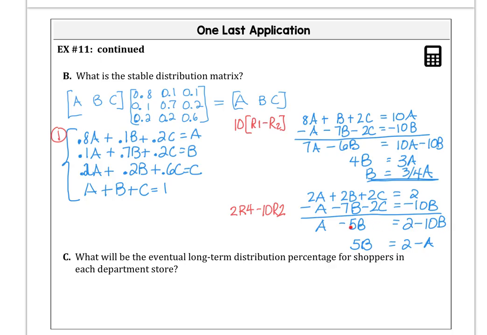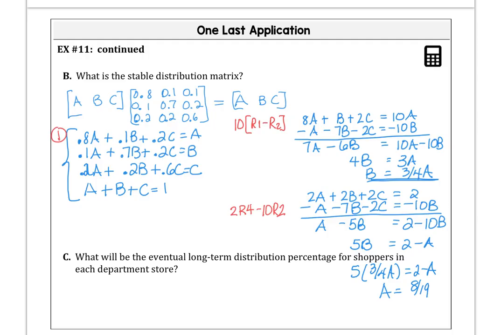Collecting like terms for B, we have 5B is equal to 2 minus A, but we know B is 3/4 of A. So if B is 3/4 of A, 5 times 3/4 A is 2 minus A. So A turns out to be 8/19.